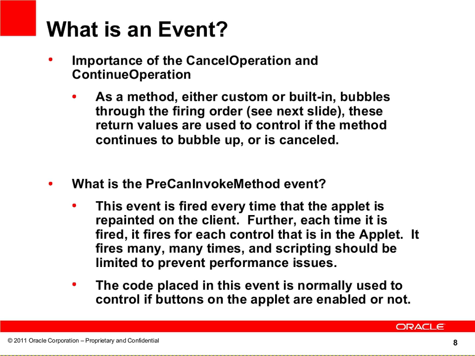I'll talk a little bit about what an event is. When you're doing scripting, you're customizing the normal flow of things through Siebel. An event is the location in which you can add custom scripting.